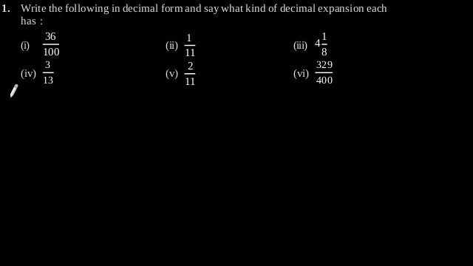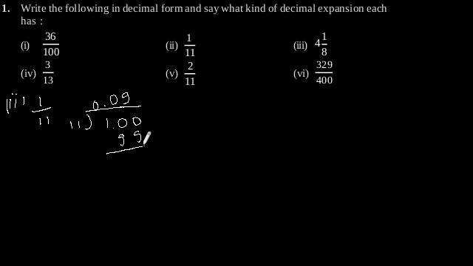Next is part 2, that is 1 by 11. So we will solve for 1 divided by 11. Zero, zero, 0. 11 nines are 99, 1.